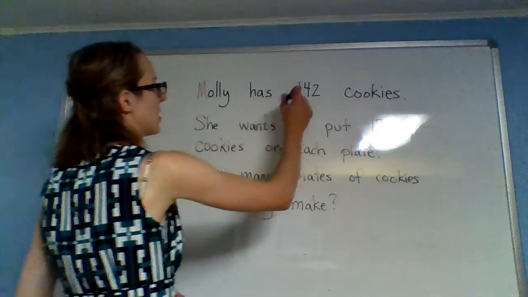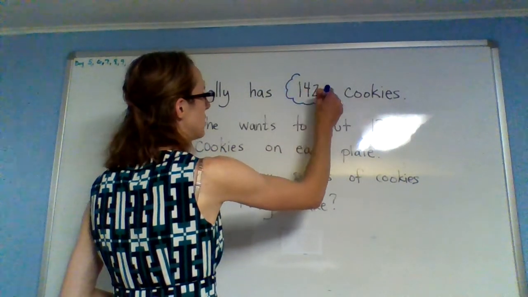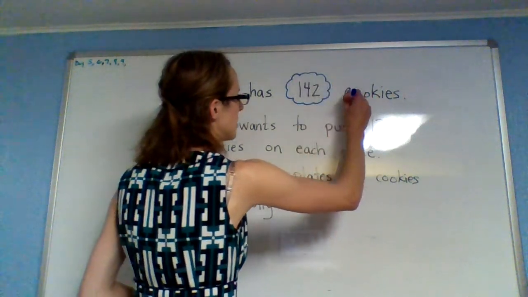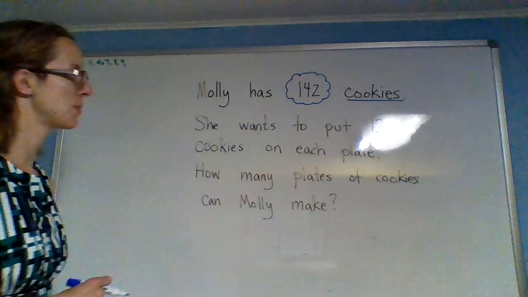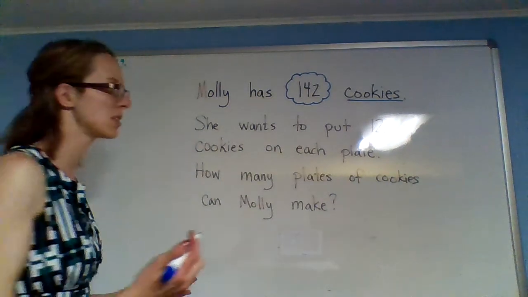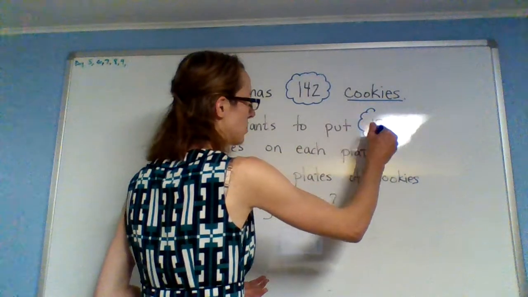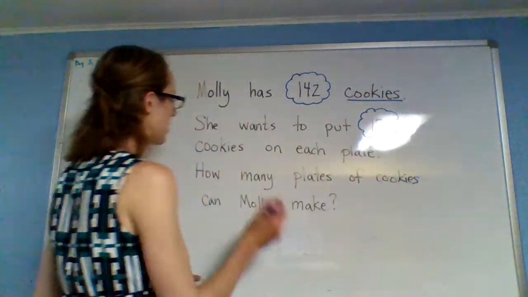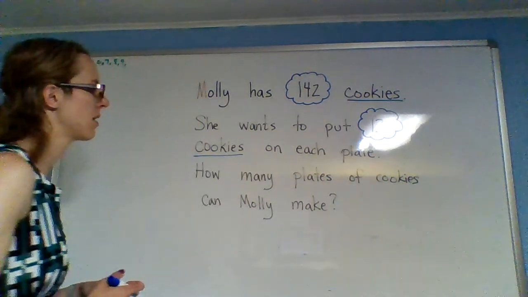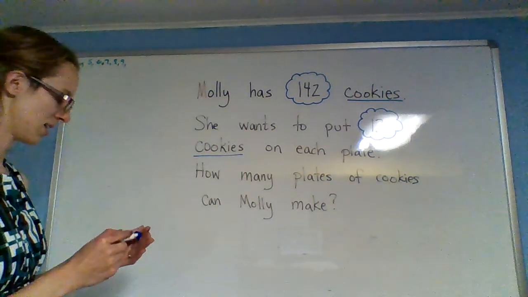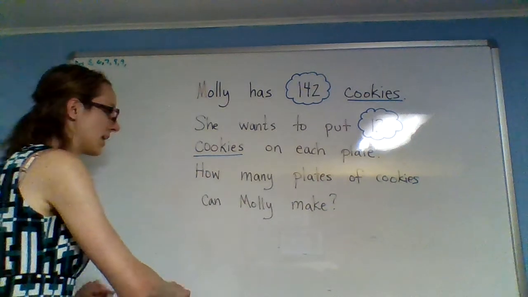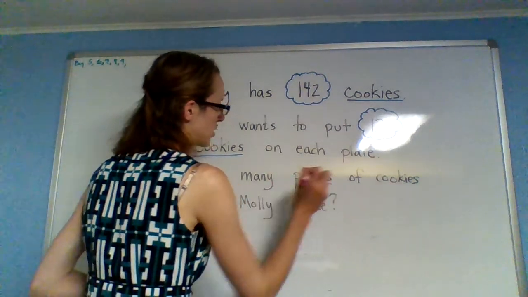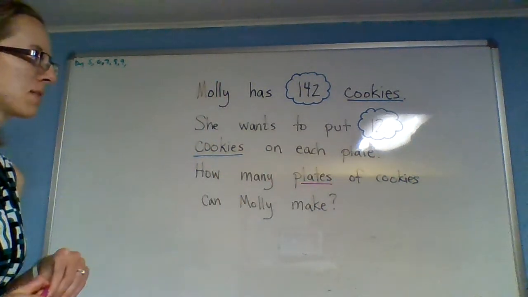So Molly has 142 cookies. And what does Molly want to do with those cookies? Well, she wants to put the cookies into plates of a dozen cookies. The question then is, how many plates of cookies can Molly make?